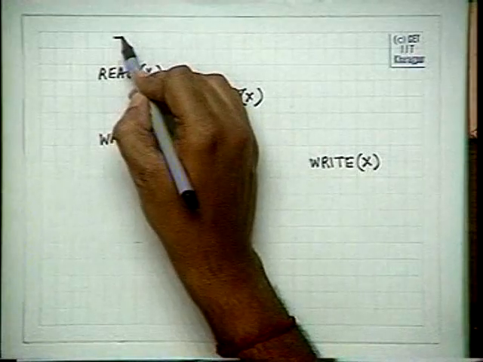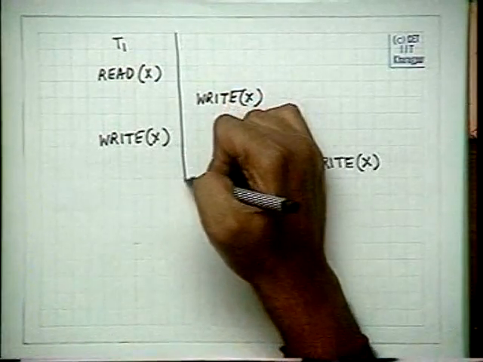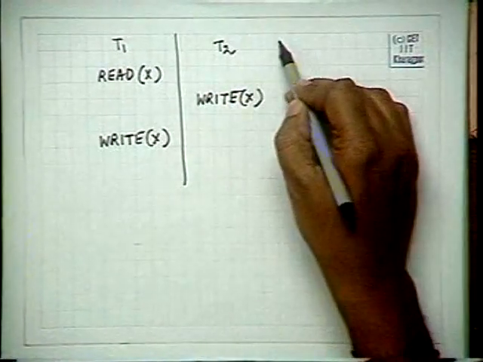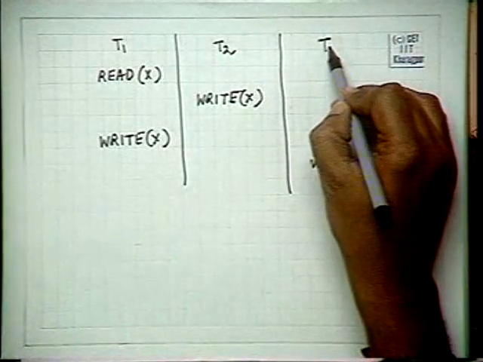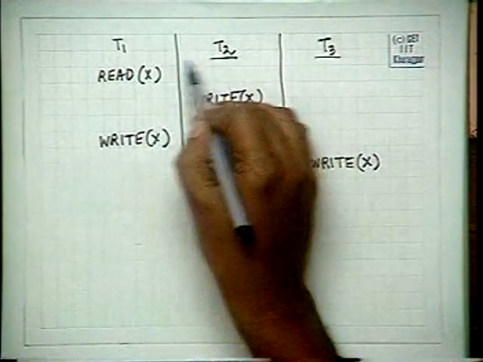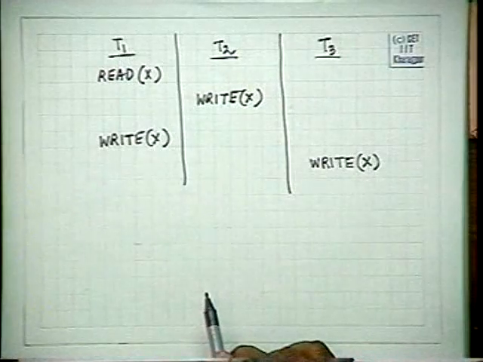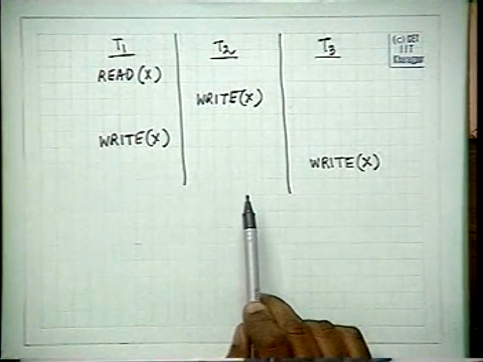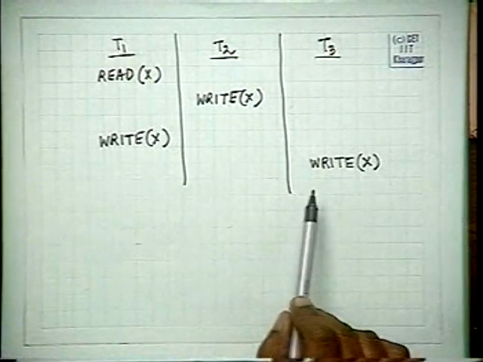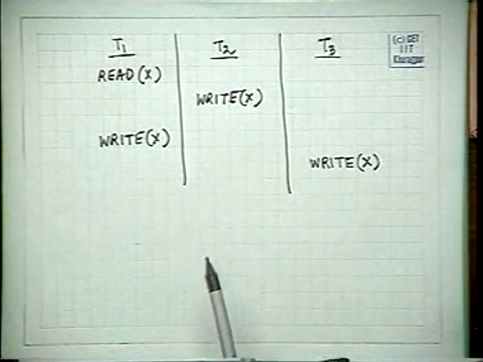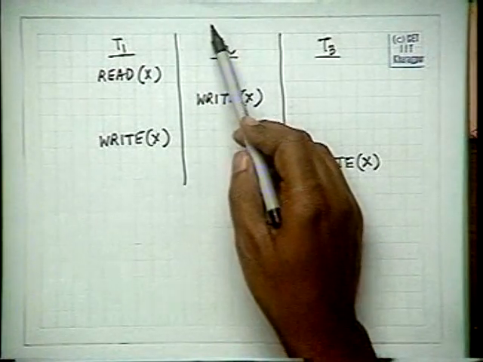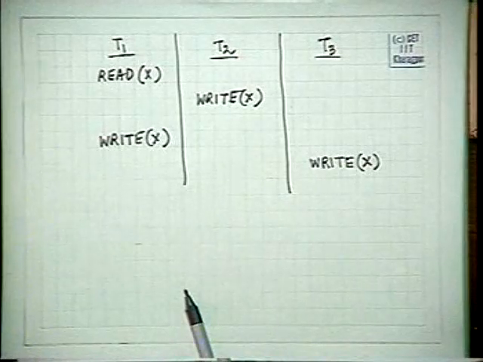And let us have 3 transactions T1, T2 and T3. By our analysis of conflict serializability, this is not conflict serializable, because this write cannot be moved above this, nor can this write be moved below this.